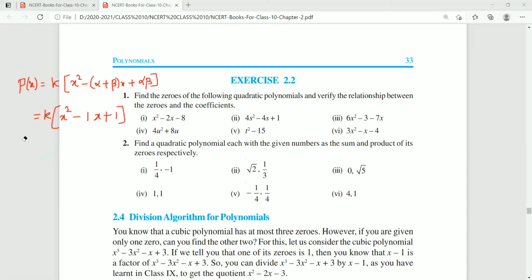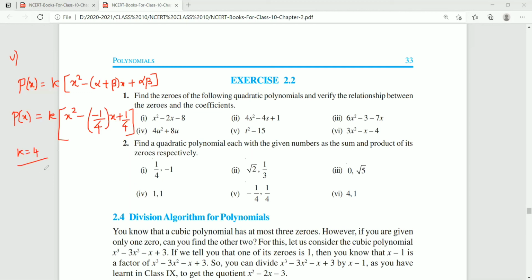So here in the fifth subdivision, they have given the sum of the zeros as minus 1 by 4 and the product of the zeros as 1 by 4. So k into x square minus sum of the zeros, which is minus 1 by 4, and the product of the zeros is 1 by 4. Since we have the same denominator 4, we can take the k value as 4.